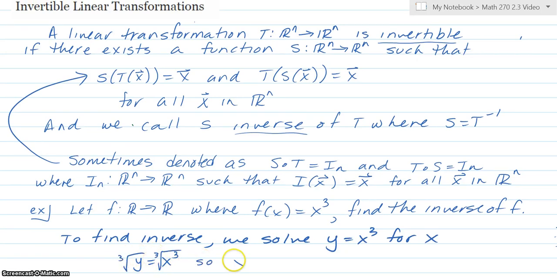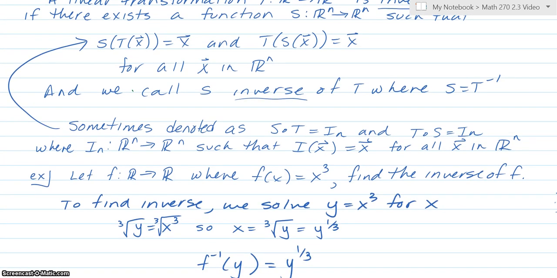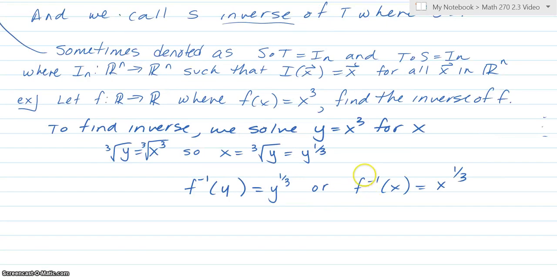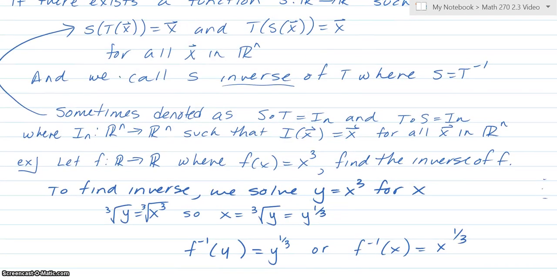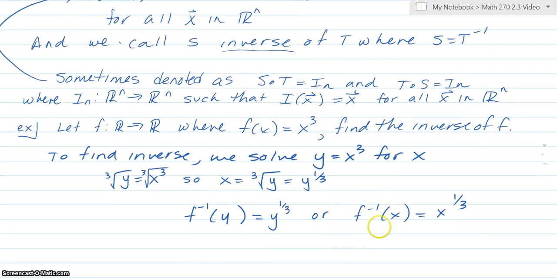And so x is equal to the cube root of y, which, by the way, we can write as y to the 1/3. So this right here is our inverse. Our inverse is going to be y to the 1/3. Or we can write it in terms of x, so it looks like above, f inverse of x is equal to x to the 1/3.